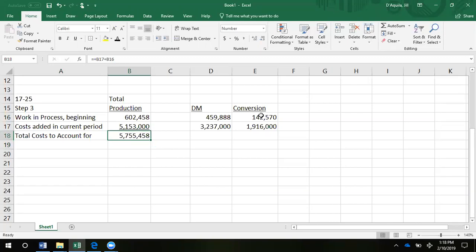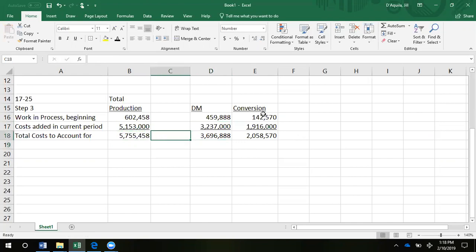If you break them up for direct materials, $3,696,888. For conversion, $2,058,570. So that's step 3, figuring out total costs to account for.